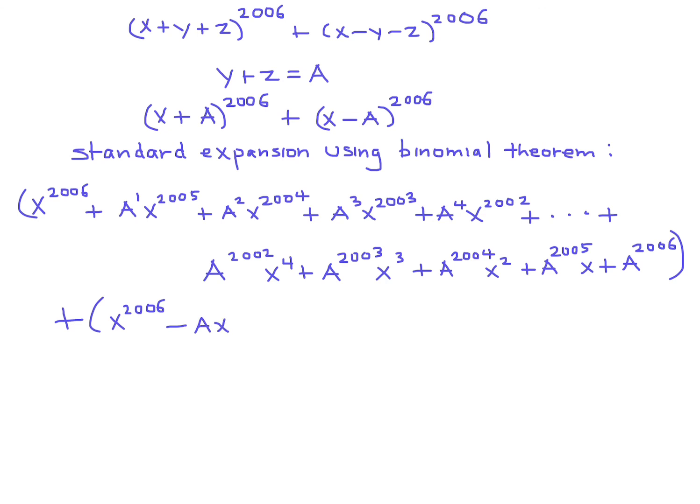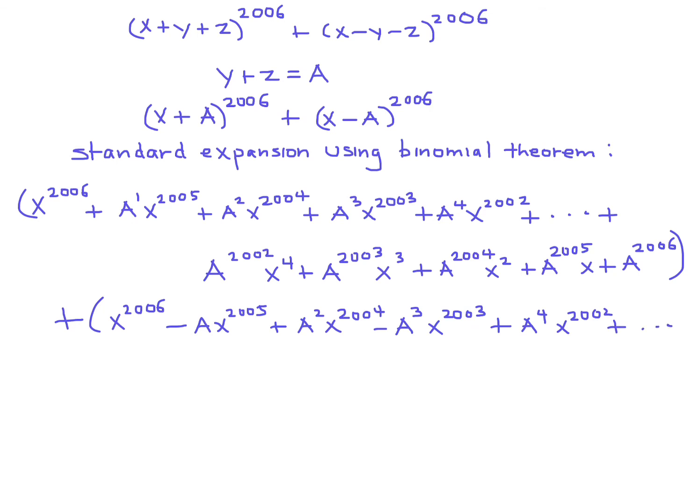Minus a x to the 2005, plus a squared x to the 2004, minus a to the third x to the 2003, and then plus a to the fourth x to the 2002, like that.